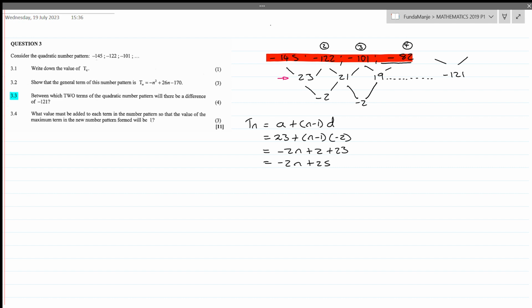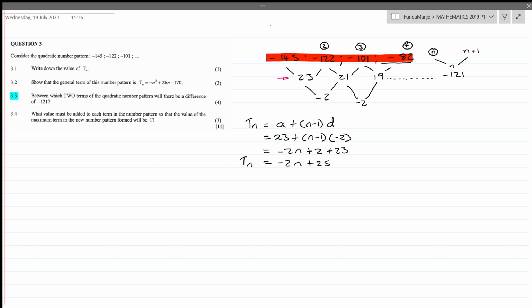So if we can find the position of this negative 121, we'll know it will be in between that and the next position. So we now need to find which position the negative 121 will lie, and we're going to use this general formula we've formulated.